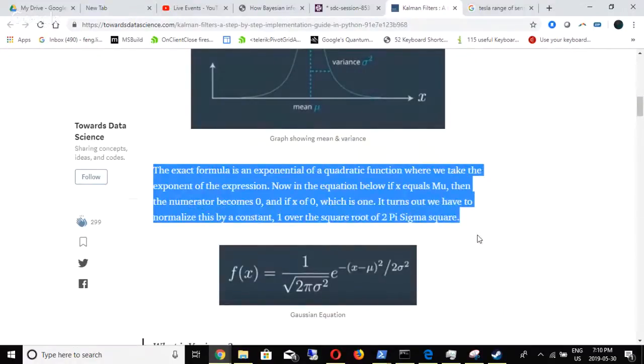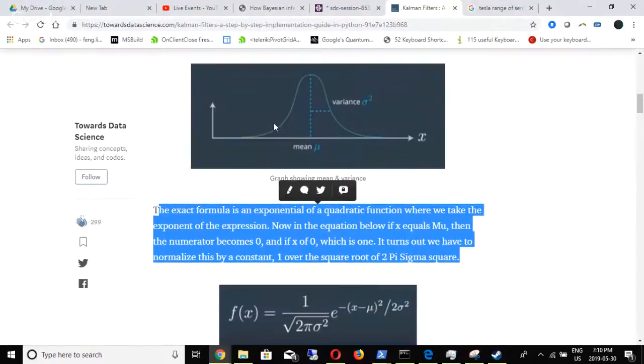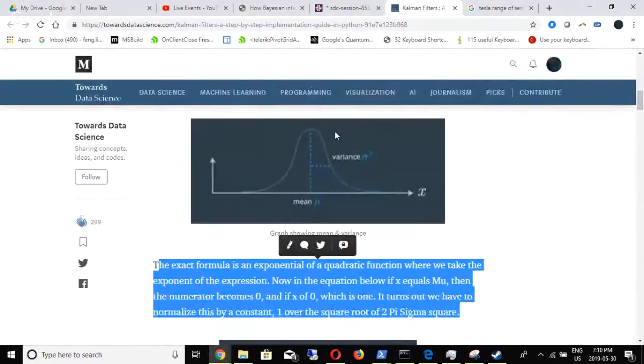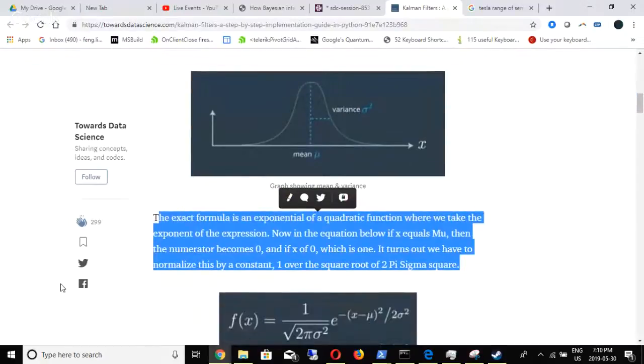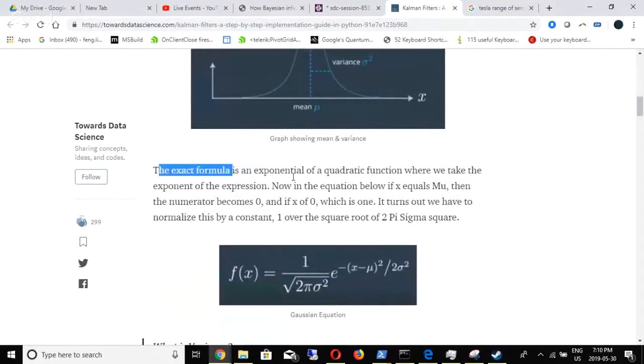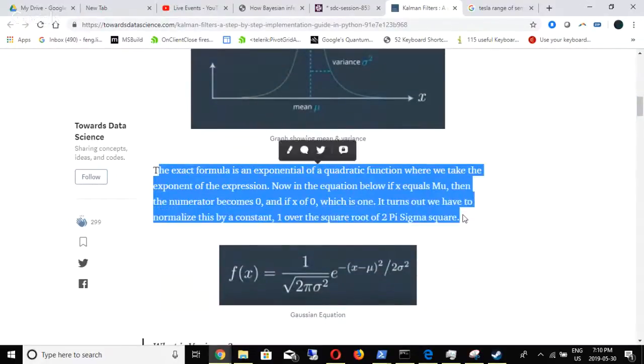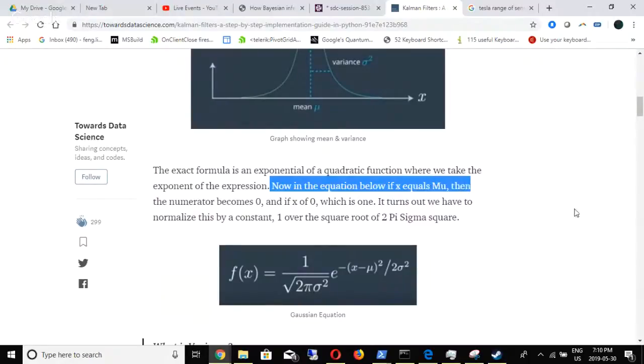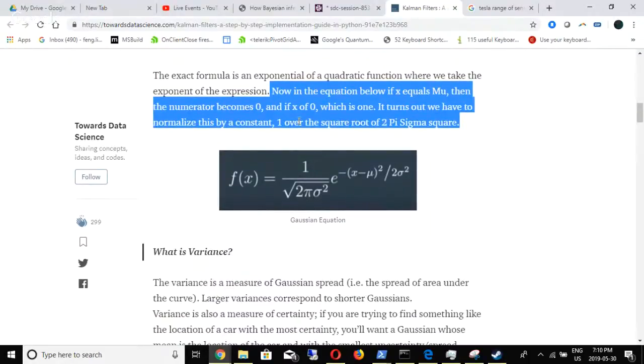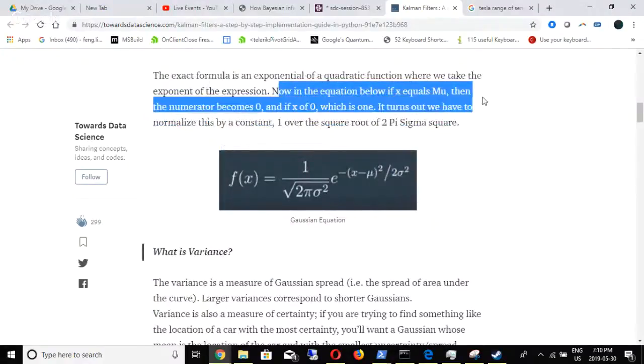You'll see why. So this is the exact formula for this equation. I think this is a quadratic function here. The quadratic function below is mu. When x equals mu, this numerator becomes 0, and e to the 0 is 1.